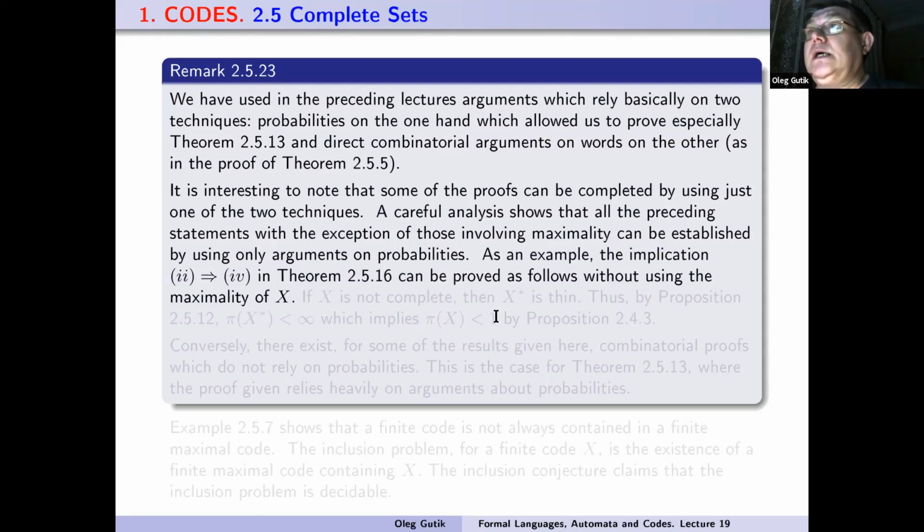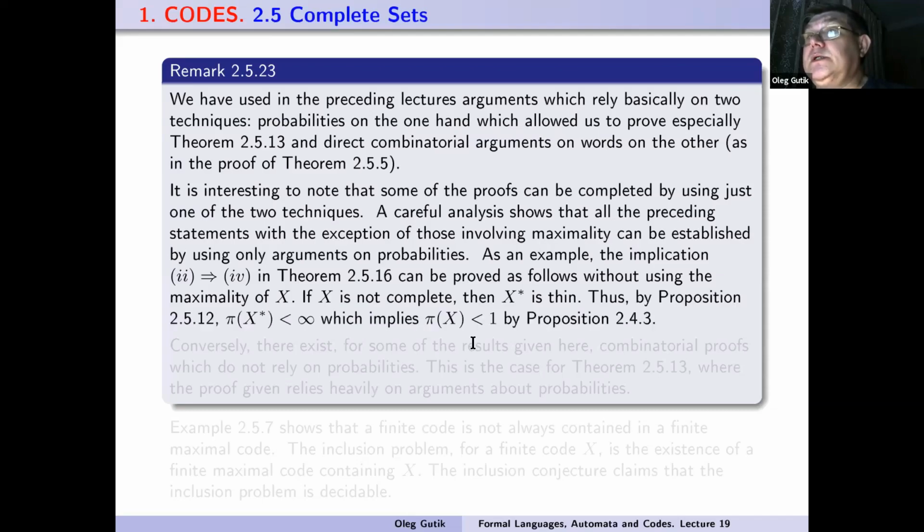As an example, the implication statement 2 implies statement 4 in theorem 2.5.16 can be proved as follows without using the maximality of the code X. If the code X is not complete, then the monoid X star is thin.